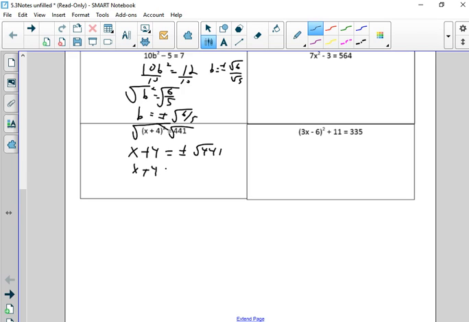So we have x plus 4 equals plus or minus 21. This is where we break it off into two problems. We have x plus 4 equals positive 21, and x plus 4 equals negative 21. So we subtract 4, and we get 17. And we subtract 4, and we get, further down the road, negative 25.